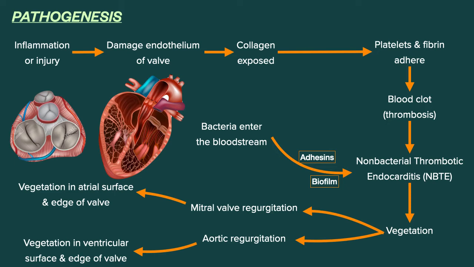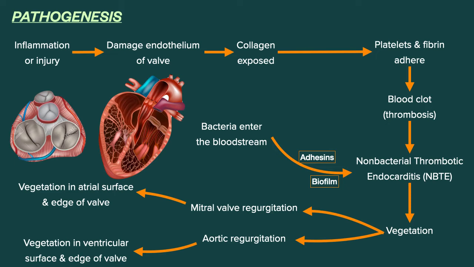So let's take a mitral valve regurgitation, for instance, where the blood flows backwards from a higher pressure left ventricle to a lower pressure left atrium. So in this case, vegetations will tend to form on the lower pressure atrial surface.